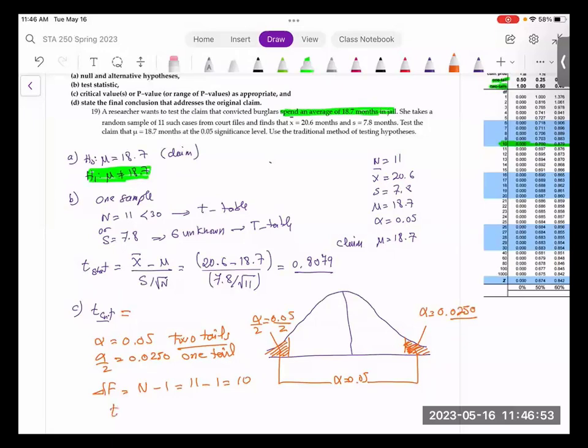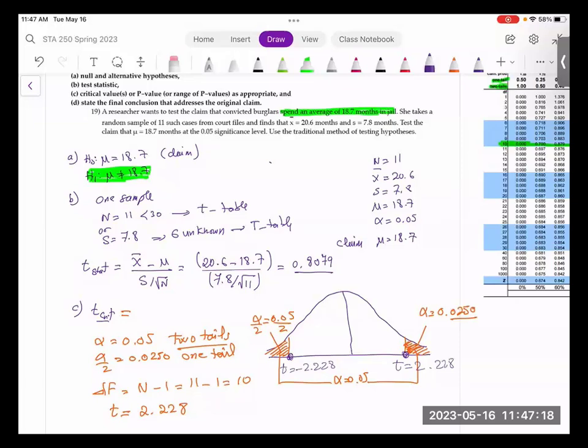So the T here from the T table is going to be 2.228. And now there is another issue here because I have two tails. So for two tails, how many critical values do you have? Two, very good. So this is T minus 2.228, and this is T 2.228, right?